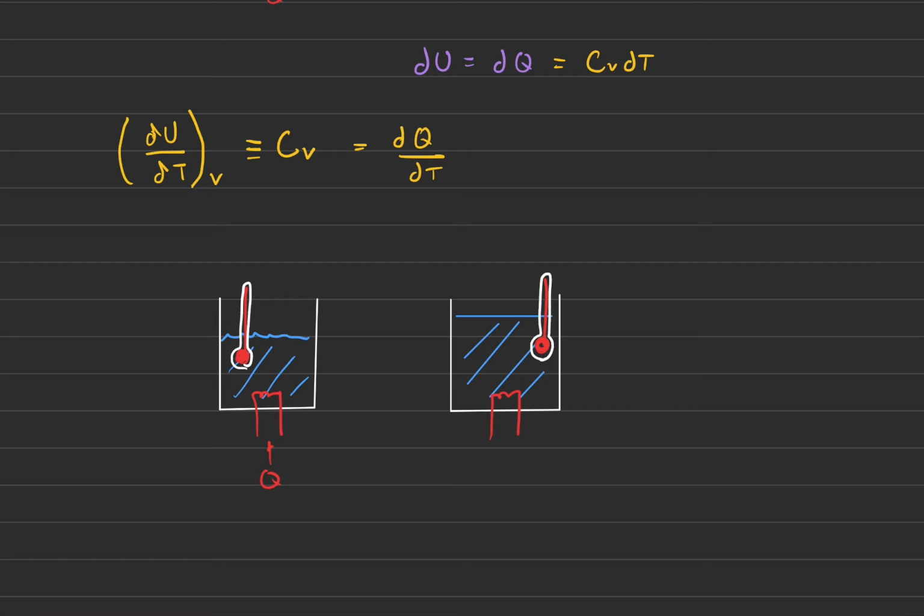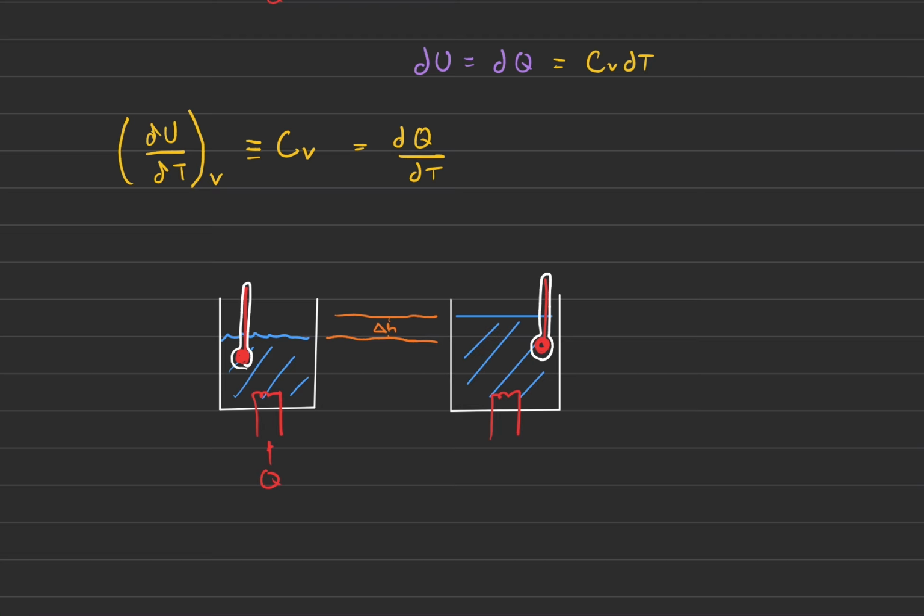And as we add heat in the example, we're going to keep adding until the temperature of the fluid changes by a degree. But what we notice is as the liquid water heats up, the level changes. And that level change is interesting, right?